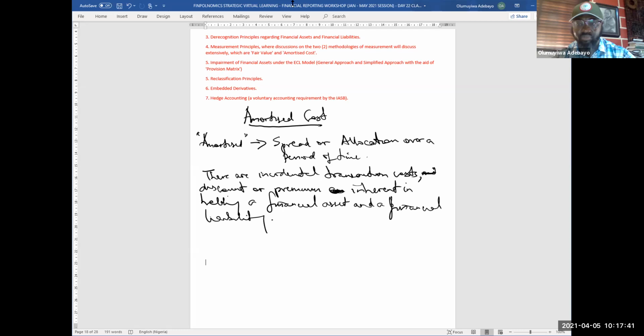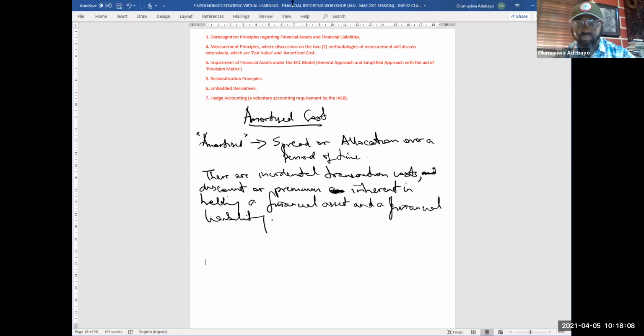Or should I take it as an asset, an integral part of the bond, which I have to spread by expensing it over the duration of the bond? These questions are answered based on our initial recognition principles, which we are going to get into after discussing amortized cost as a basis of measurement.